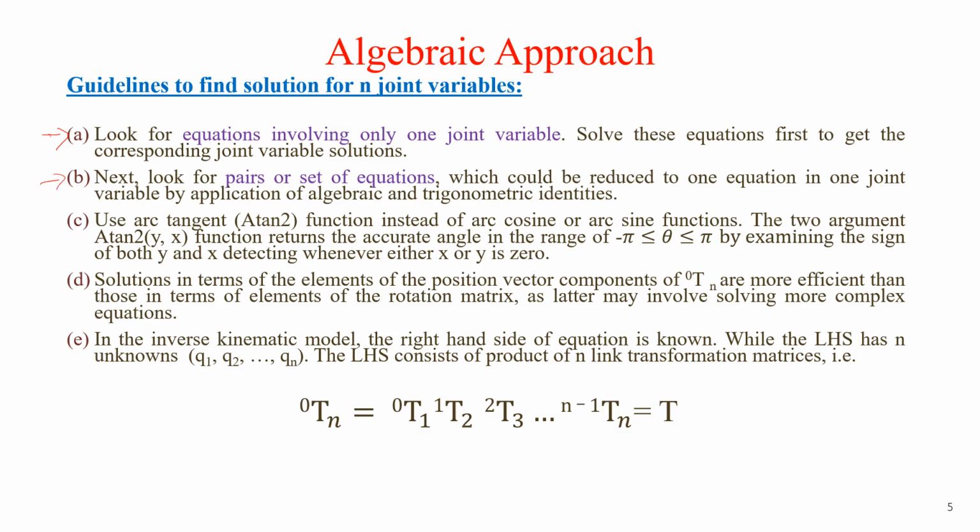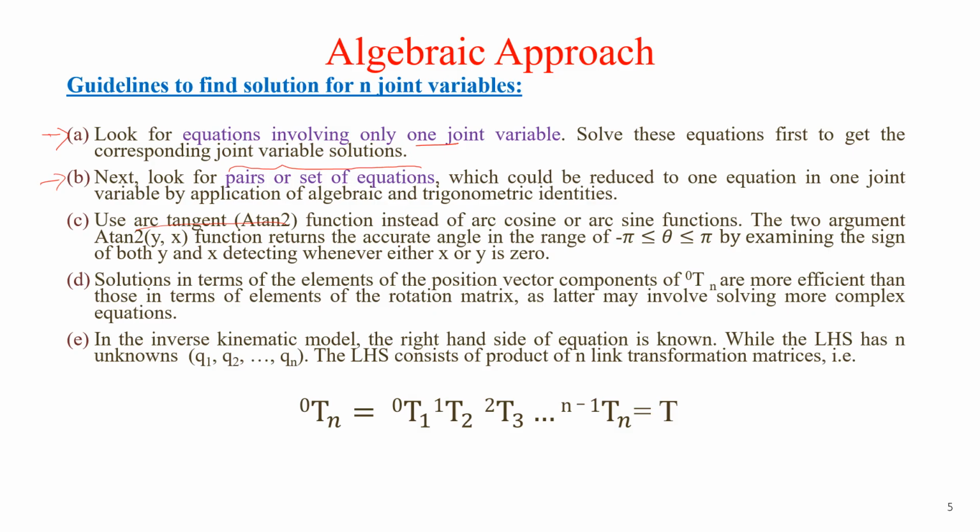Then you have to look for a pair of equations which can be reduced further by applying any algebraic or trigonometric identities, and you can solve for another joint variable. As I already mentioned, you always use the arc tan 2 function. Arc cosine and arc sine functions are not always accurate, which is why we prefer the arc tangent function.